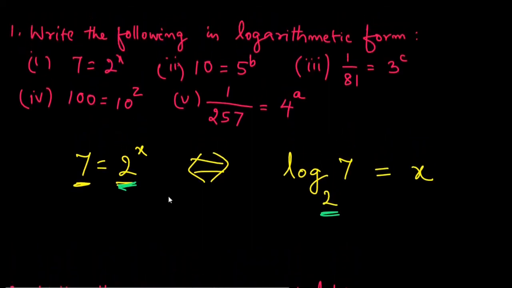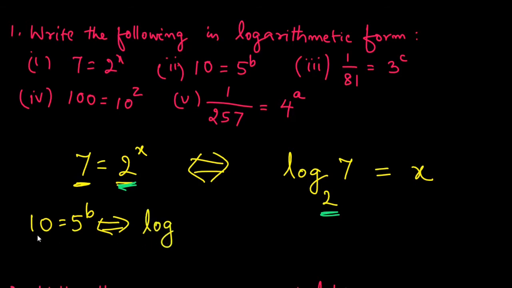Now second one, 10 is equal to 5 power b. When written in logarithmic form, this becomes log of 10. The value of power should be written here. Log of 10 to the base 5 is equal to b.